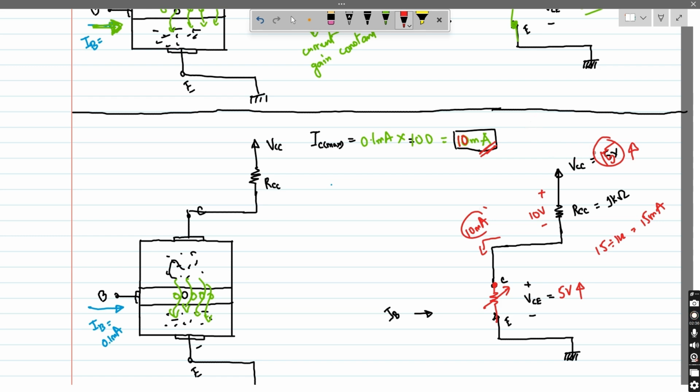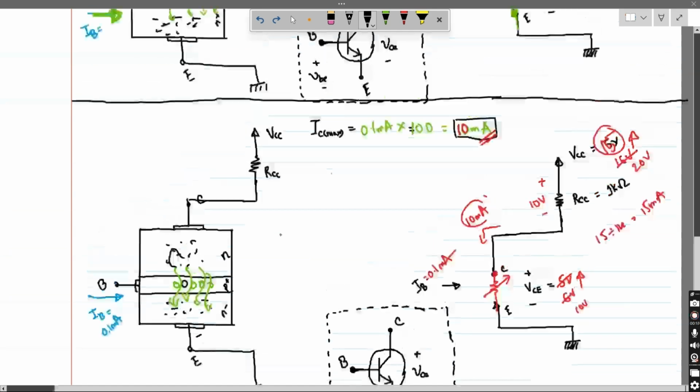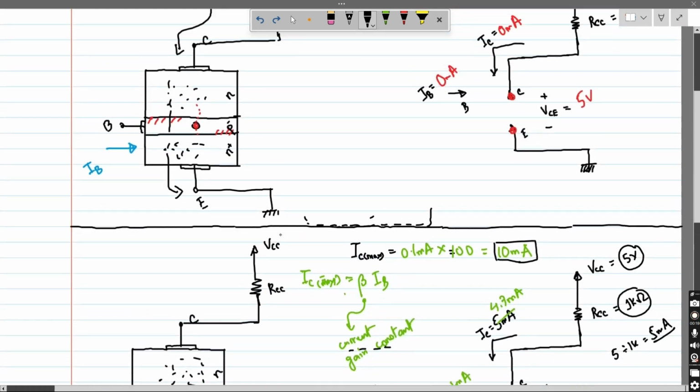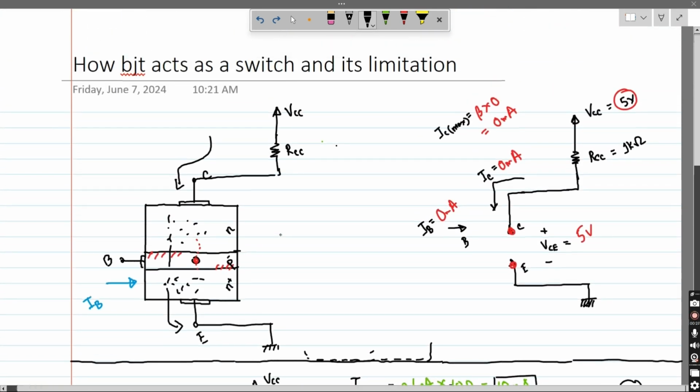So if you increase the supply voltage to, let's say, 16 volts, the current will stay fairly at 10 milliampere. It will increase slightly, and the voltage drop will increase to 6 volts. And if we increase further to 20 volts, the drop will increase to 10 volts with only a slight increase in the collector current. These three different stages are the three different modes of operation of the BJT.